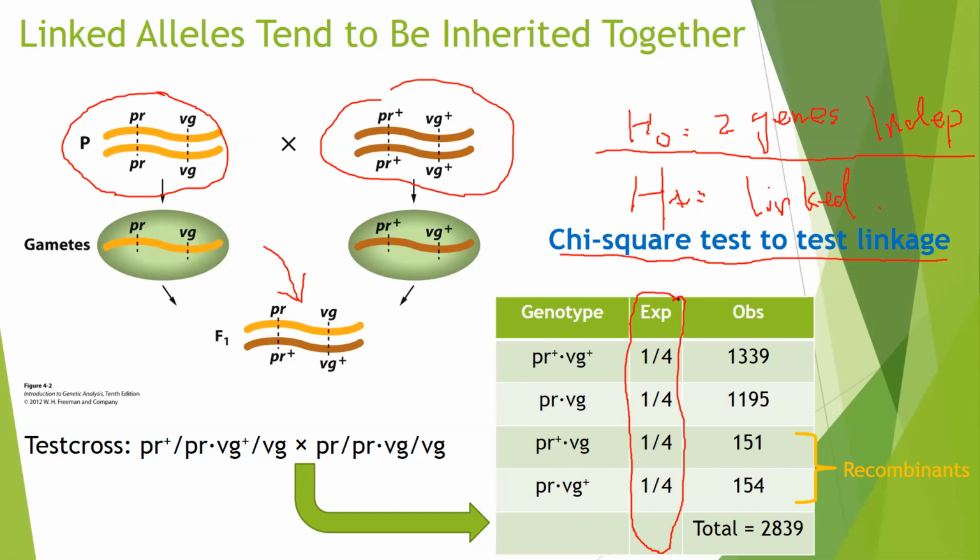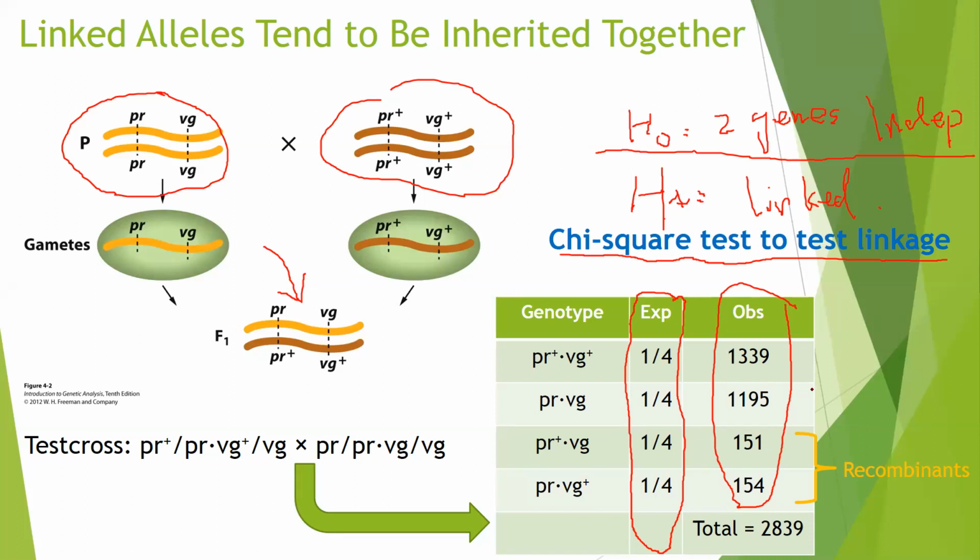However, if this is your observed data, what do you think? In the midterm 2, if I give you data like this, immediately you're going to say, no, I don't believe these two genes are independent. They must be linked because of data like this, right?